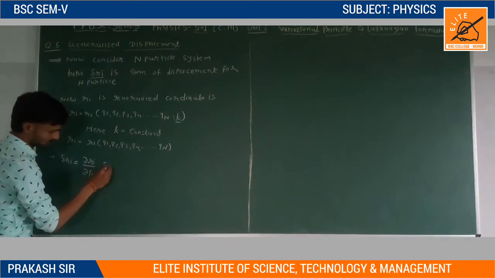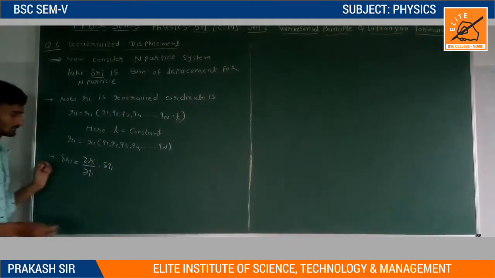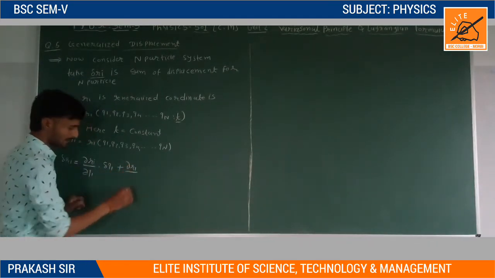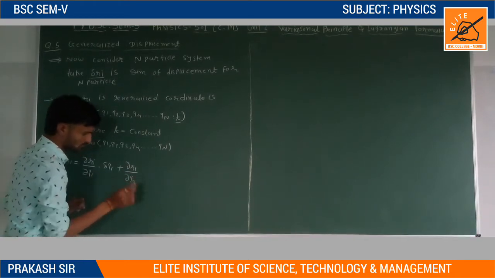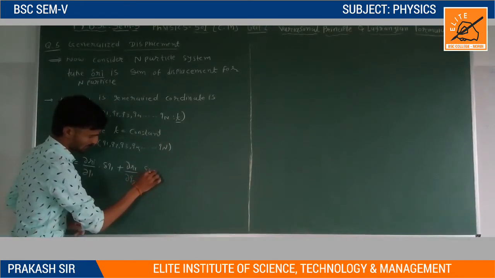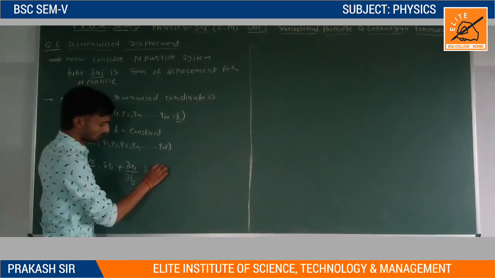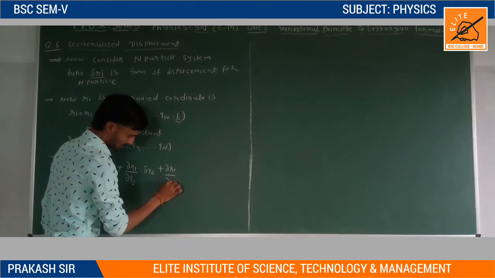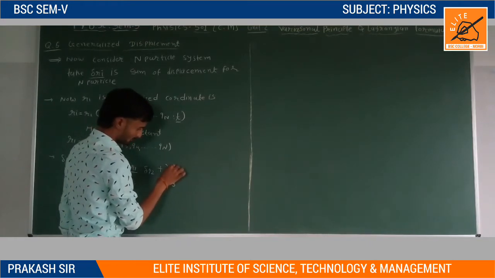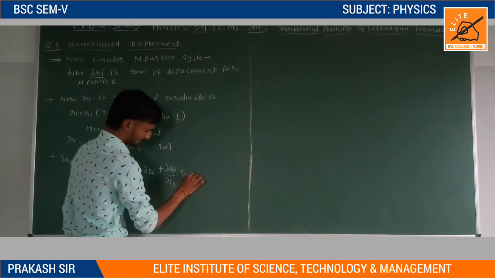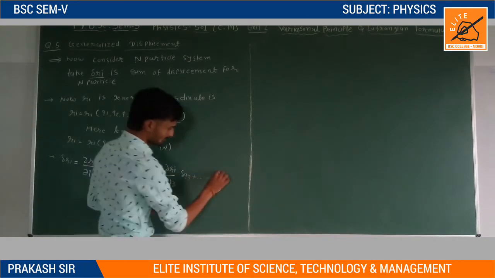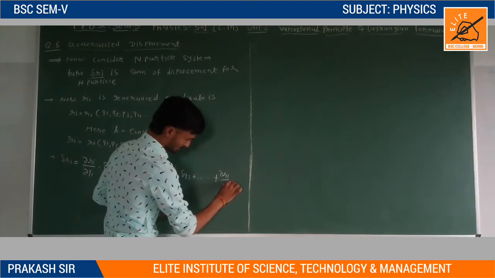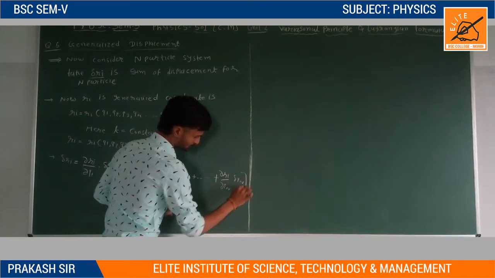Second, del Ri with respect to particle number 2, del Q2; then particle number 3, del Q3, and so on up to del Ri by del Qn into delta Qn.